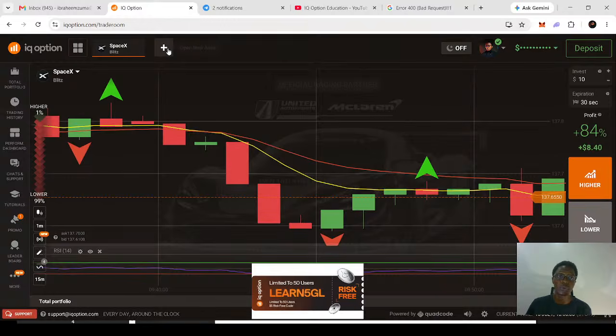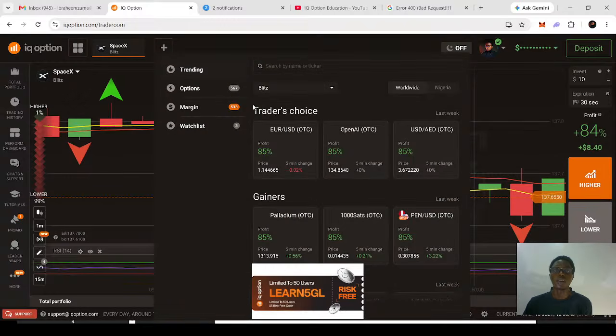When you come into the asset section, you will see that there are currency pairs, and then there are stocks, the ordinary stocks that you know, Google, Microsoft, Amazon, any other stock listed in the stock market. There are cryptocurrencies where you can trade Bitcoin, Ethereum, any other coin listed on the platform.